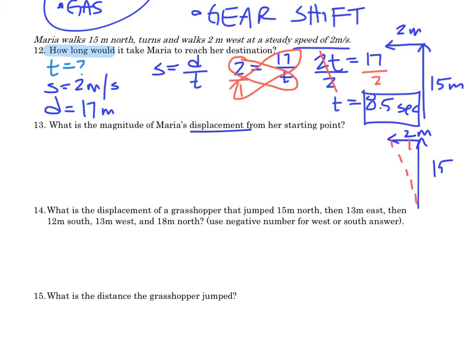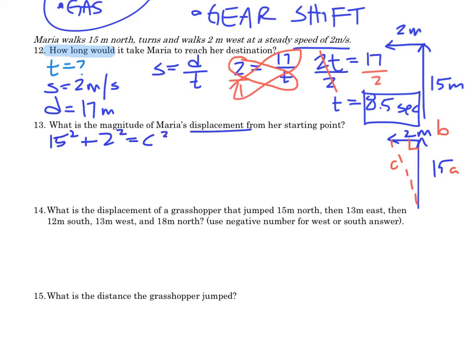And what you notice is that we form a right triangle. And I need to find side c by using the Pythagorean theorem. So let's say side a is 15, side b is 2, and c is unknown. The Pythagorean theorem says that 15 squared plus 2 squared equals c squared.